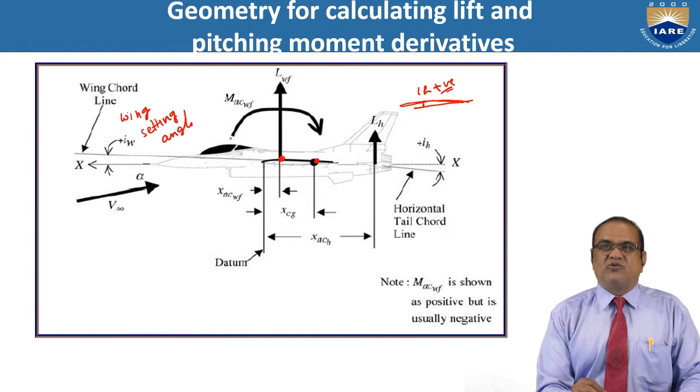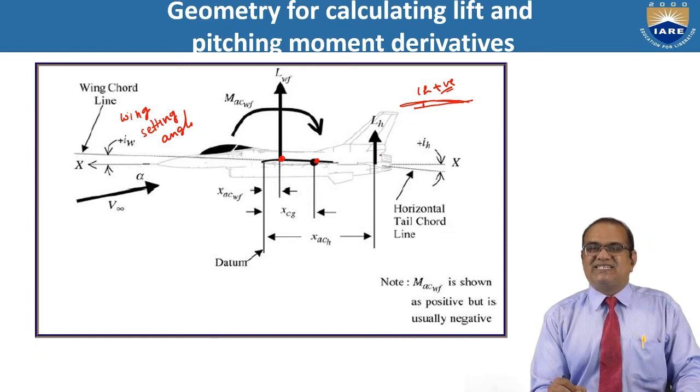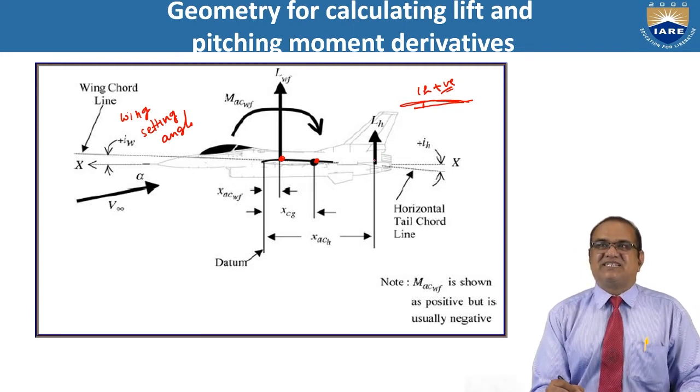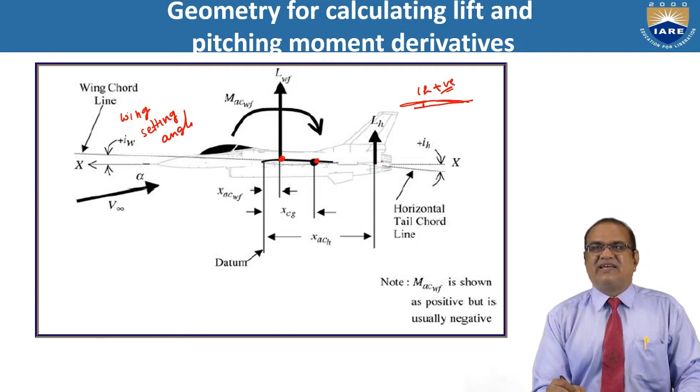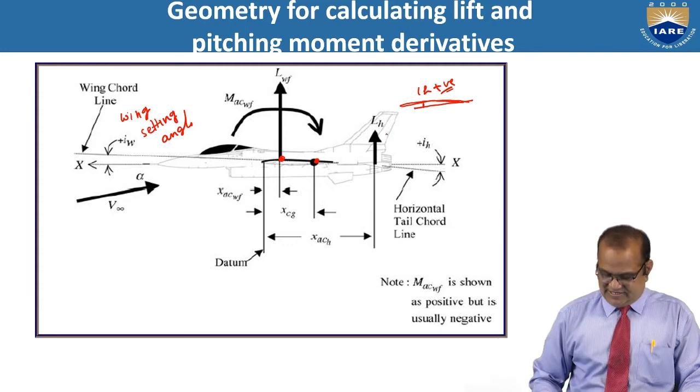Here nose up is positive and nose down is negative. So LH is the force, or the lift force, generated by the horizontal tail. Okay, so these are the things which we have to understand and remember in the next classes.